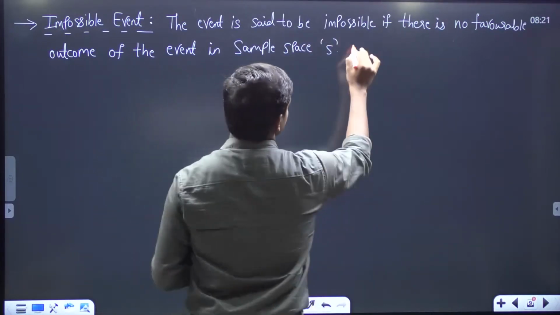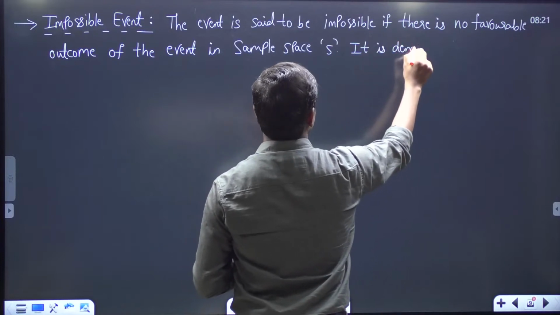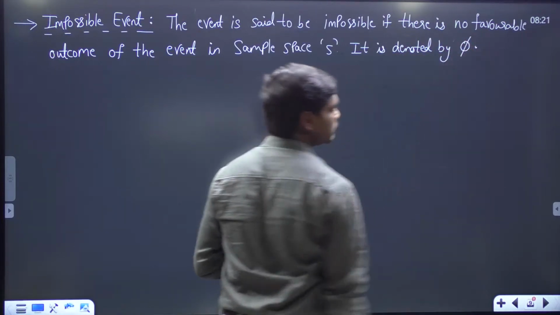Impossible events are generally denoted by phi, because phi generally means the null set.